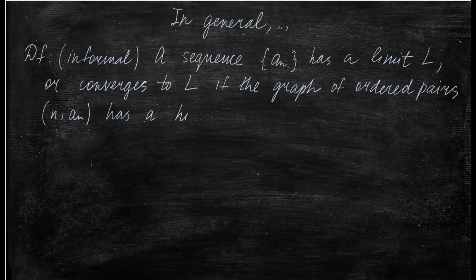So we can say it has a horizontal asymptote, the way we understand it from calculus of continuous functions, as n goes to infinity. This is a super informal definition, which is good enough for us in order to understand the concept of convergence.